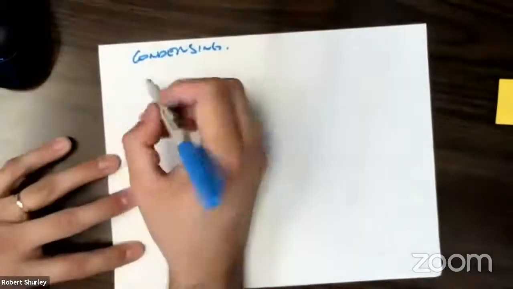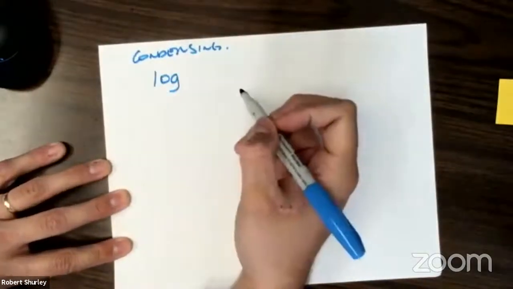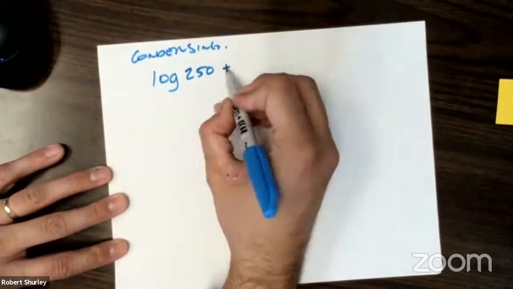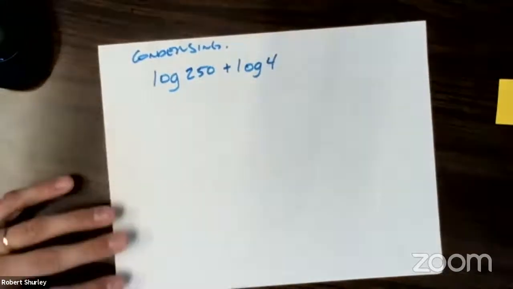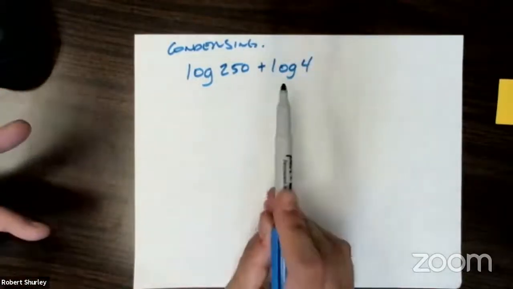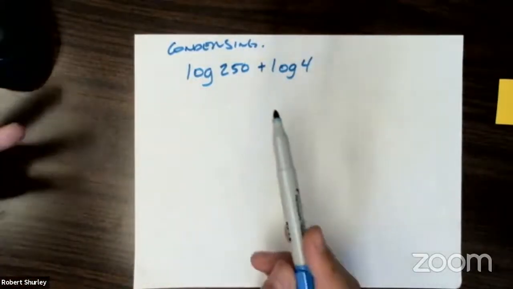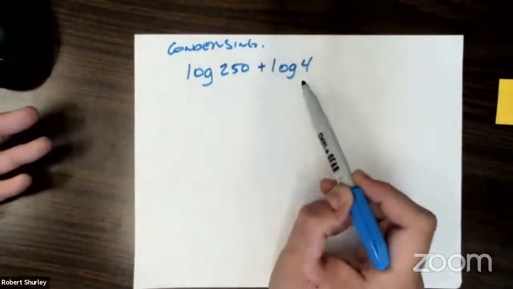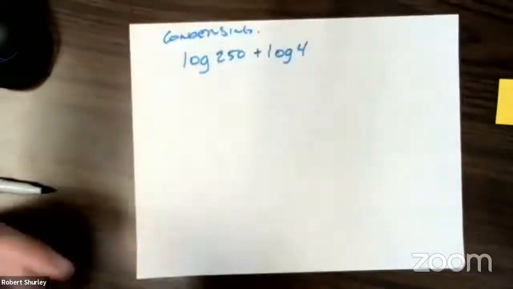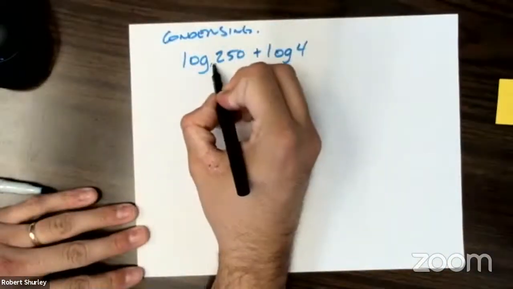So condensing logarithms. I'm going to look at a very basic example in your book. Let's say log of 250 plus log of 4. As you can tell, this is expanded already. There's a plus sign, right? But we know that both of these have the same base. They're base 10, we're just not writing it.